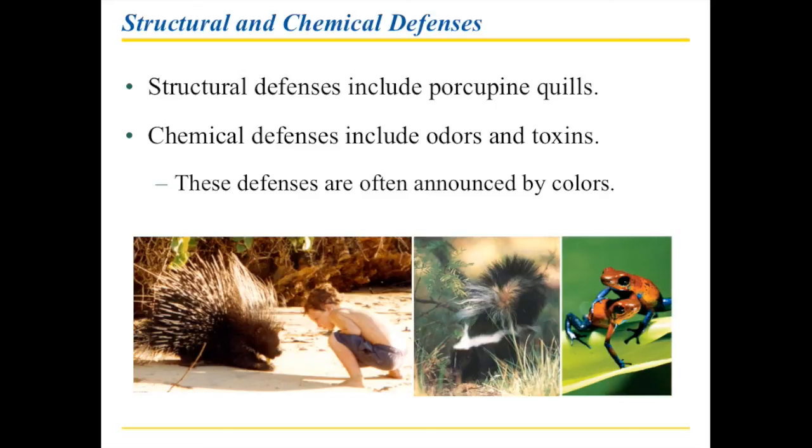Many times you'll find that there is a coloration associated with them. If you look at both the porcupine and its quills as well as the skunk, you'll realize that their coloration is black and white. And that is a sort of flashy coloration. In the environment, you tend not to see black and white things that are so bright. Black and white really stands out.